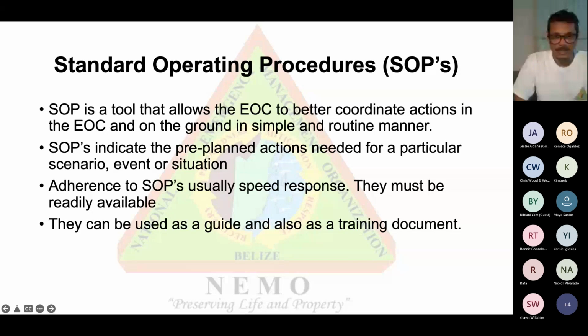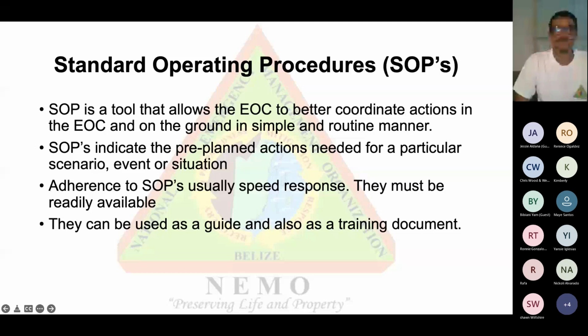And having that properly outlined for every member of the staff within the Emergency Operations Center, and especially for the directors and the coordinators who have to guide that process, the SOP is an invaluable tool. Adherence to the SOP usually speeds response, and like I said, it keeps us on track and focused on the task at hand, right?